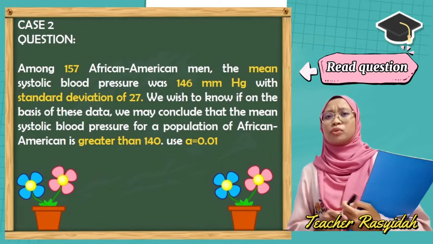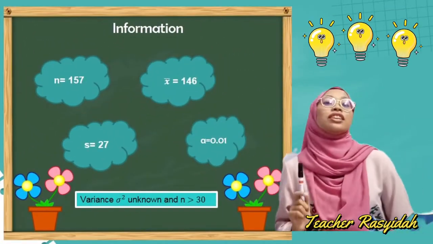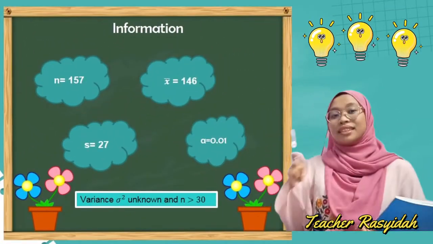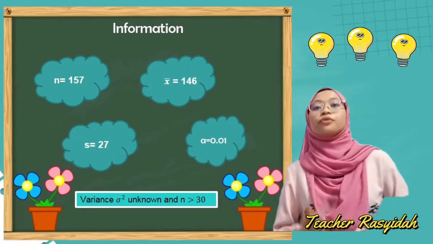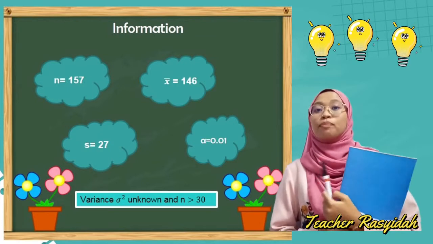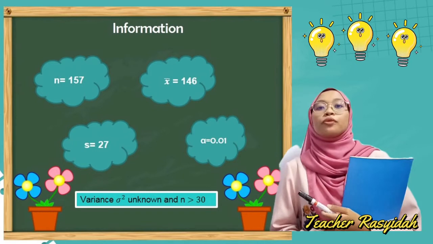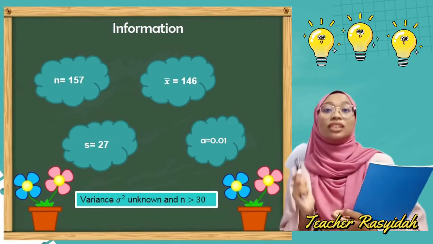From this question, we can know a few pieces of information. The sample size is 157. The mean systolic blood pressure is 146. The standard deviation is 27.